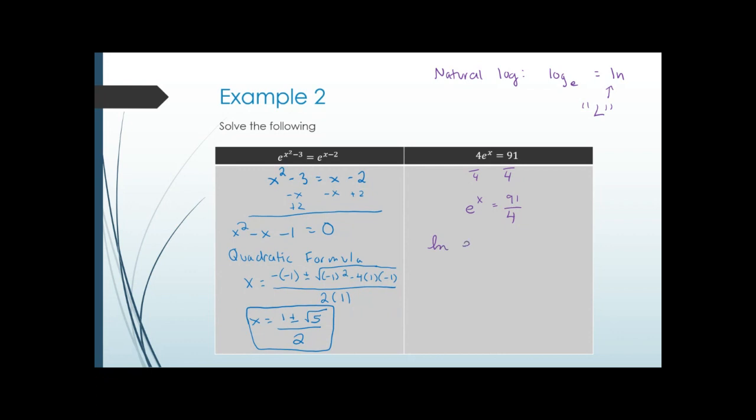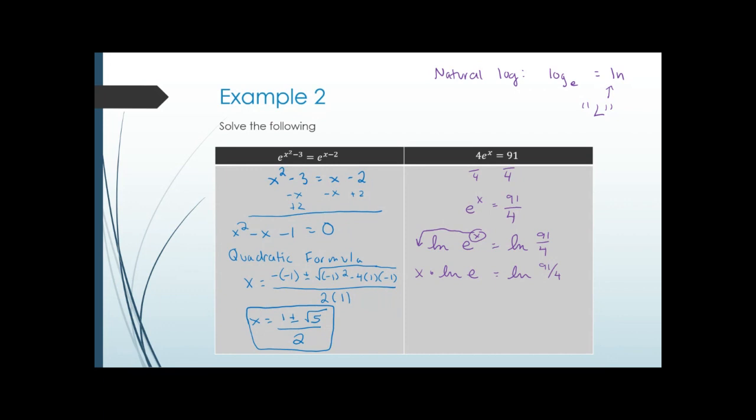So natural log of e to the x, and then I need to take the natural log of the other side, 91 over 4. So now we have our property of logarithm, which means that x goes down in front. So I have x times the natural log of e equals the natural log of 91 over 4.